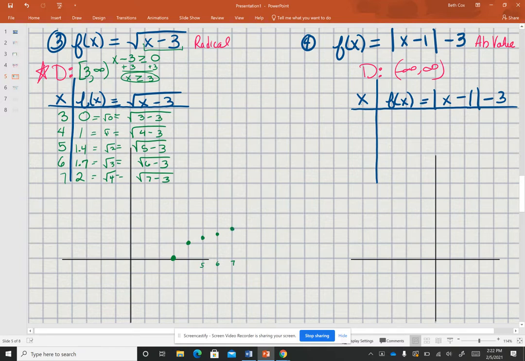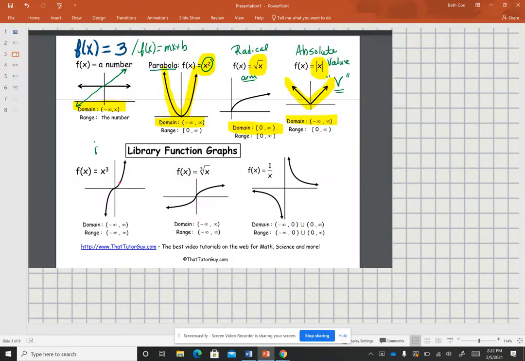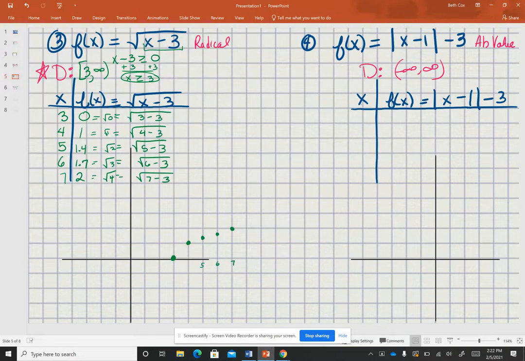Okay, so now does this look like what it's supposed to look like? I think it does. Let's go back and look. Yes, it is an arm. It's got a start point, and then it kind of curves on around. And so that is exactly what we have in this particular graph. All right, so we have a start point, and it curves on around. And so that is the graph of this one.